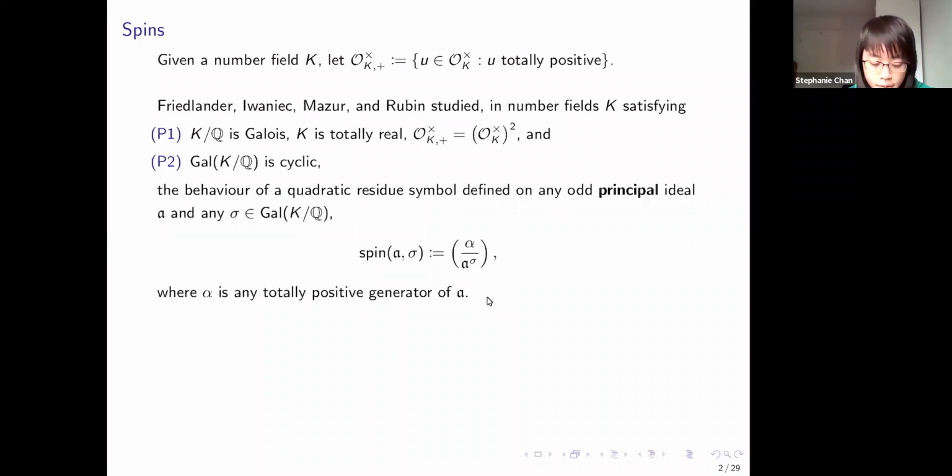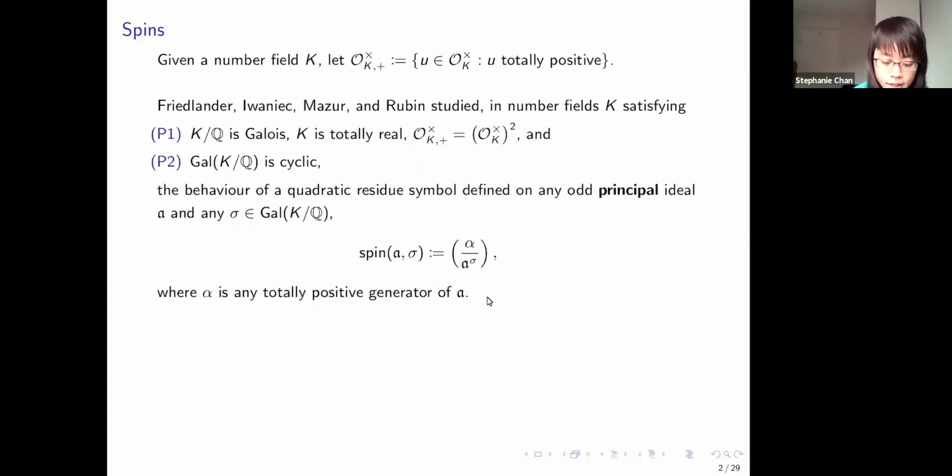And the spin symbol of a principal ideal A and an element sigma in the Galois group is really just the quadratic residue symbol of alpha on the ideal A with sigma applied.